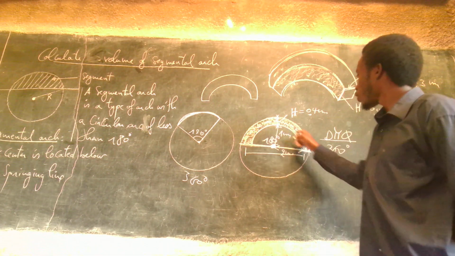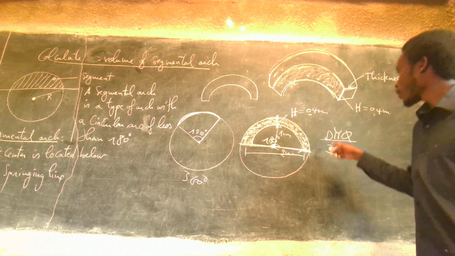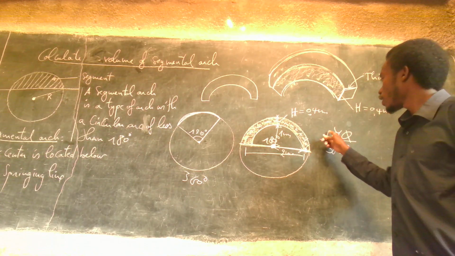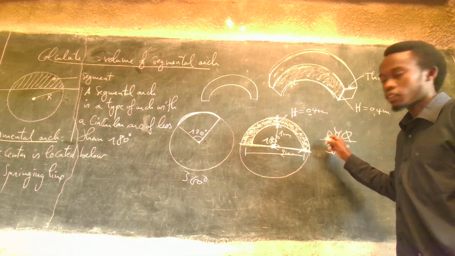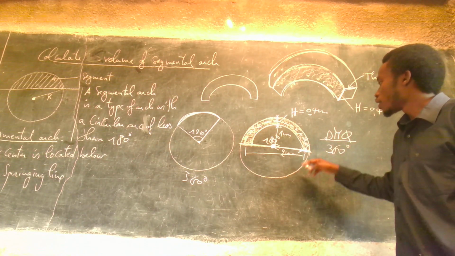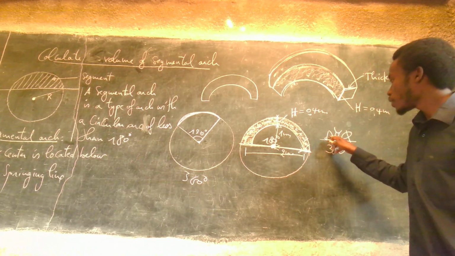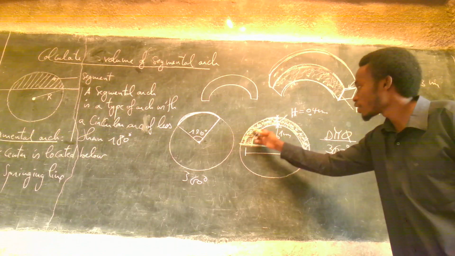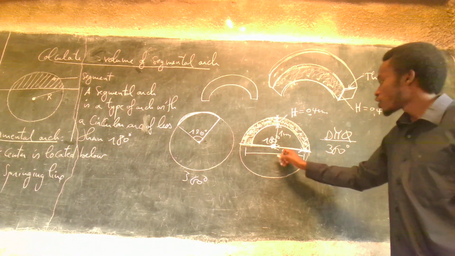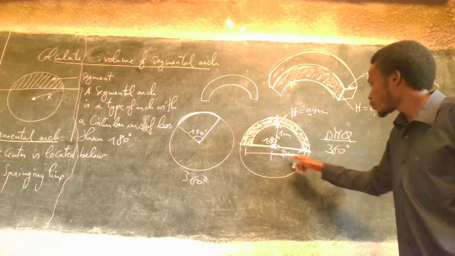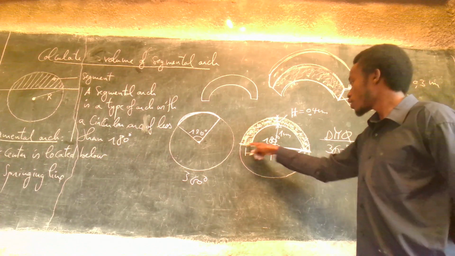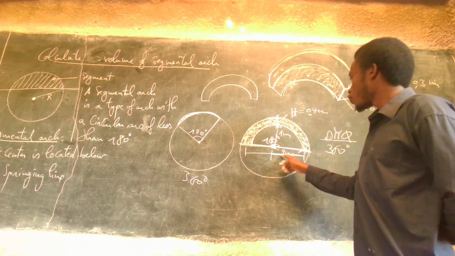This is the length we are going to use to calculate the diameter in this formula. We do not use this radius to calculate the diameter. We have to use the center line.